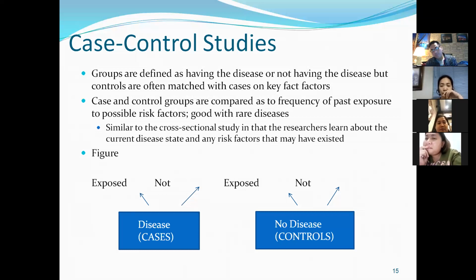And then on the right side is our control, those patients with no disease. And we determine whether they have been exposed to the factors or not as well. And that's what we call the case control studies. And this is very, very useful for rare diseases.